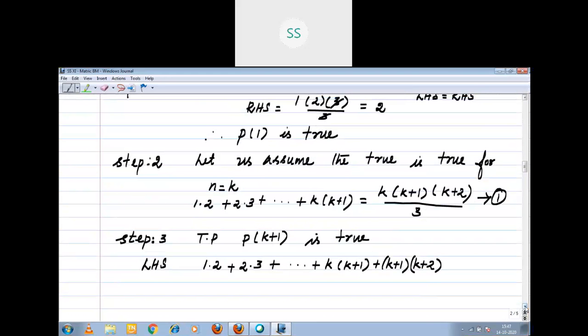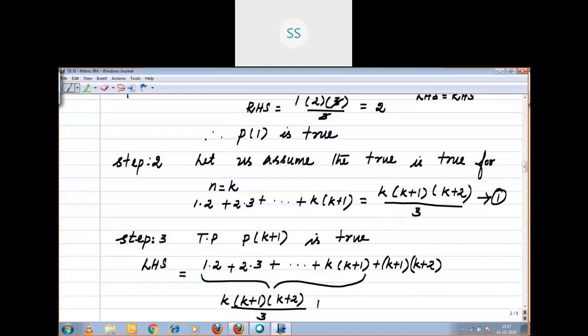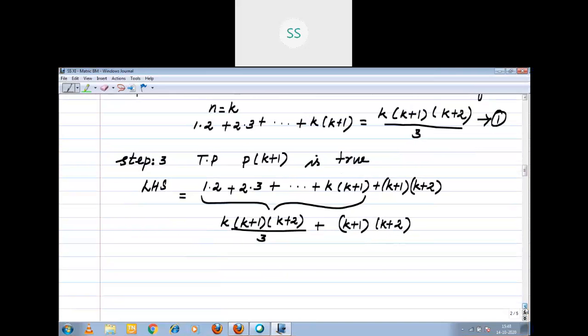N can be replaced by k plus 1. I told you the step 2 is useful to replace the LHS of your step 3. That is, the curly bracket can be replaced by k into k plus 1 into k plus 2 divided by 3 plus k plus 1 into k plus 2. In both the things, which is common?